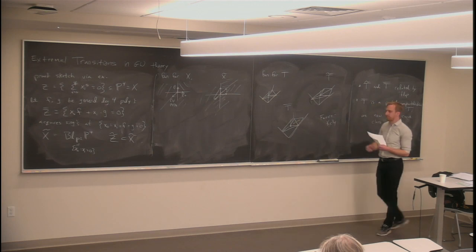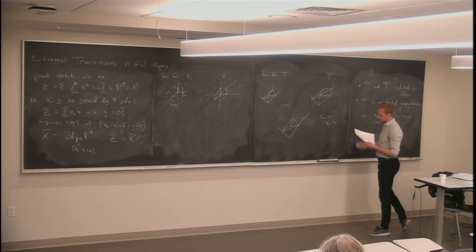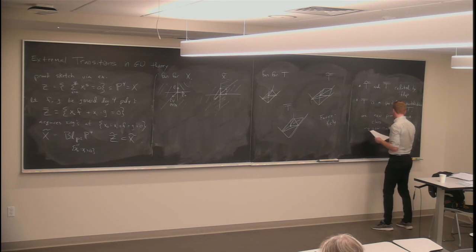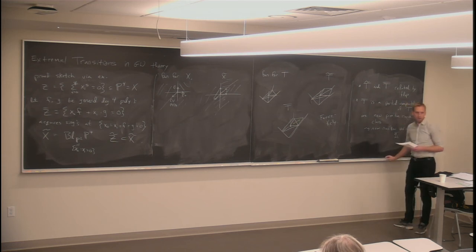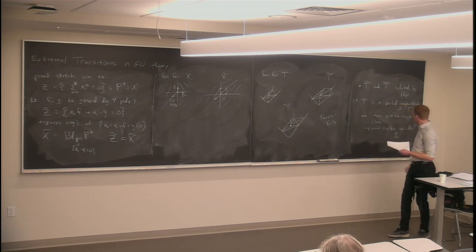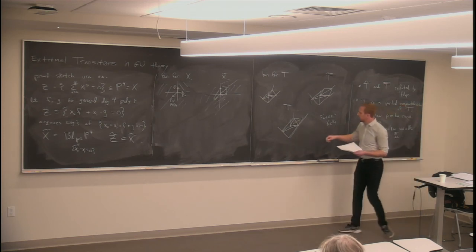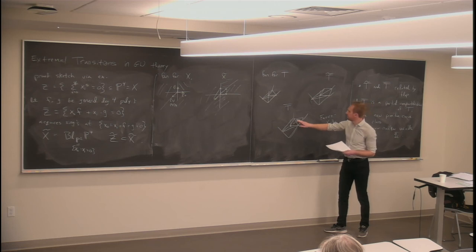So you get a new Novikov variable as you go from T to T-bar. And morally, this is exactly the variable that you want to analytically continue in to get from T-bar to T-twiddle.